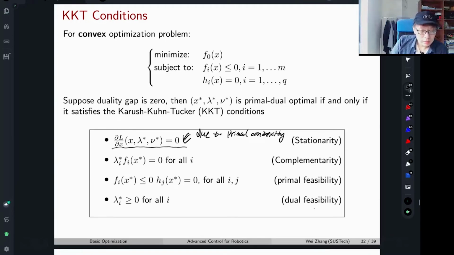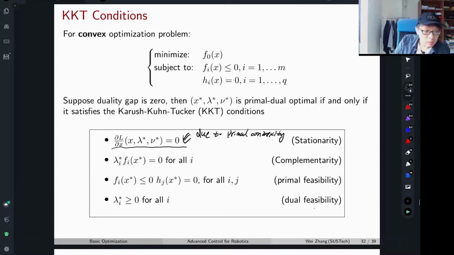Let me repeat: this ensures the Lagrangian optimality condition if the primal problem is convex. These conditions are also more general than many of the conditions I see in other textbooks.